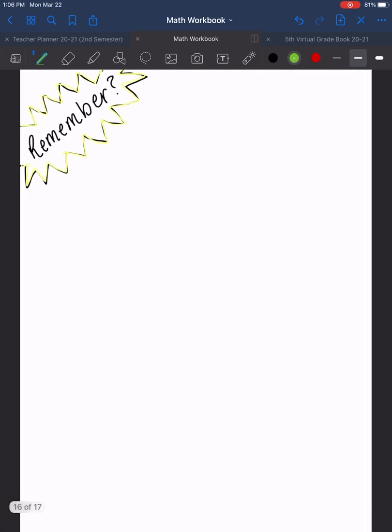So, do you guys remember way back when we were talking about shapes? Yes, shapes. This was a good hefty many weeks ago. But when we were talking about shapes, we were identifying them, we were classifying the different types, all that good stuff.